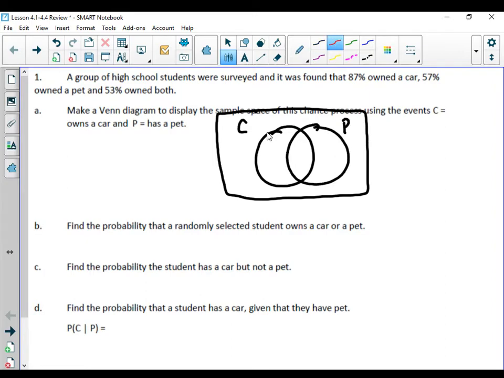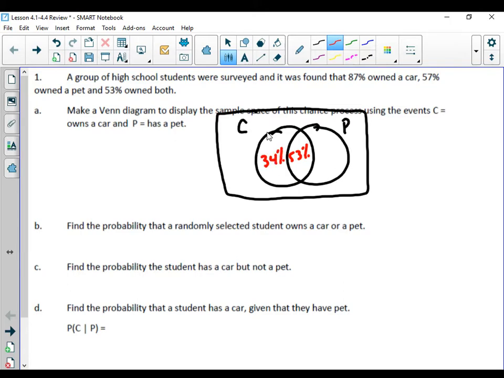All right, so I'm going to put it as a percentage. So I got 53%. And then we have each situation. For the car, we had 87% total, but I've already dealt with 53% of it. So I'm going to take 87 minus 53, and this section will leave me with 34%.